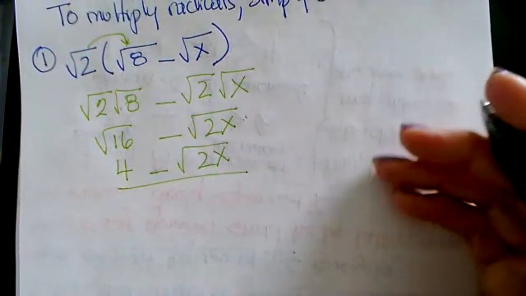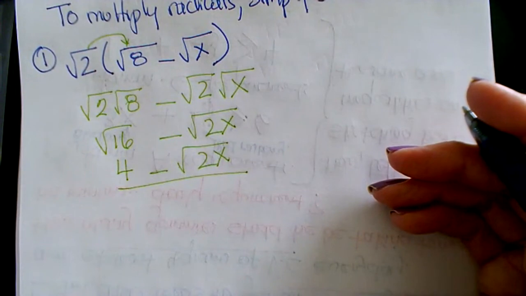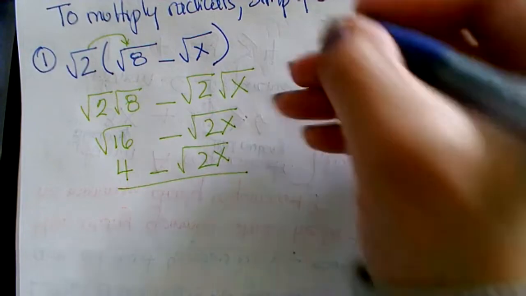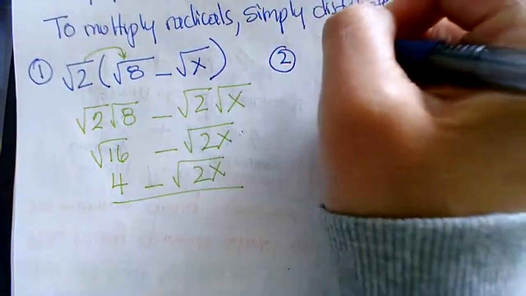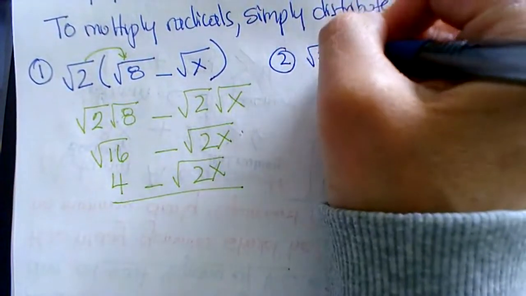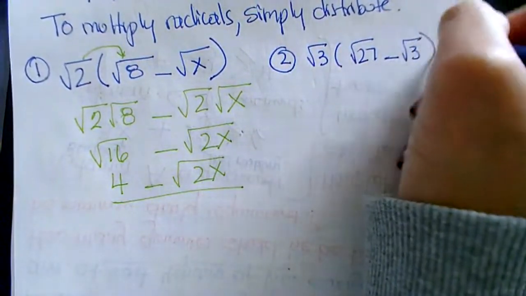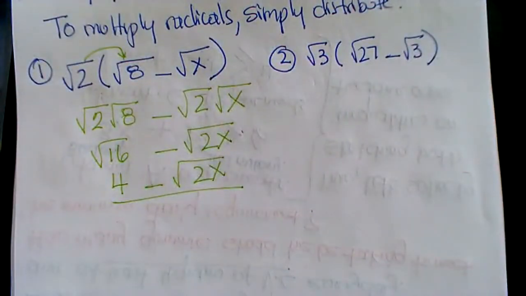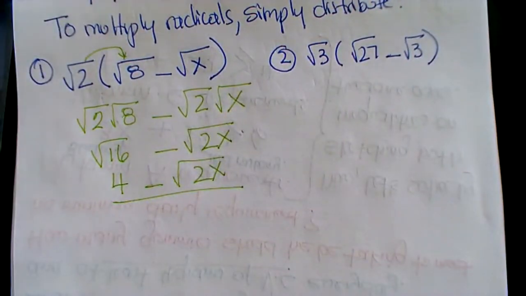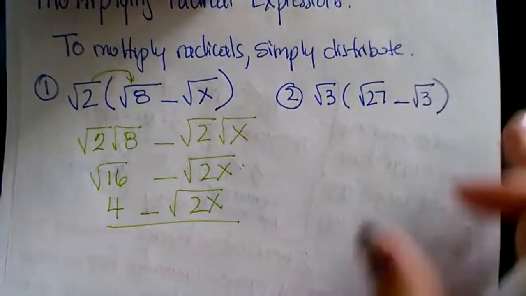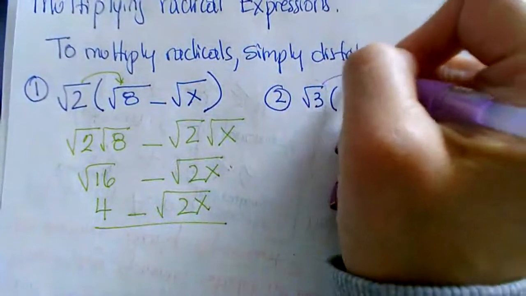So let's try this one too. This is square root of 3 times square root of 27 minus the square root of 3. Just gonna multiply it.